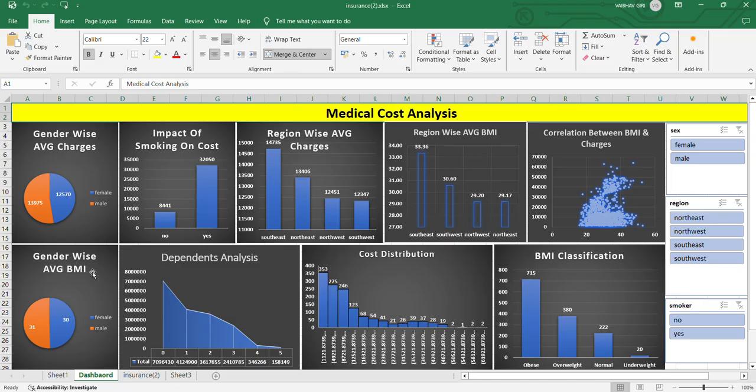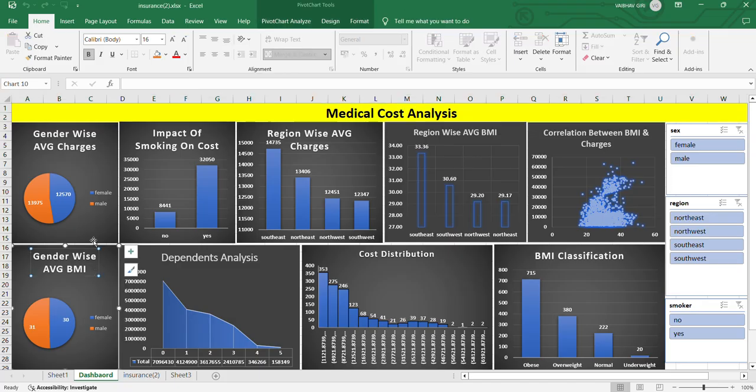Males had an average medical charge of around 13,975, while females had 12,570, whereas the average BMI for males is 31 and for females is 30. The insight from this is that males tend to have a slightly higher BMI and medical cost than females.